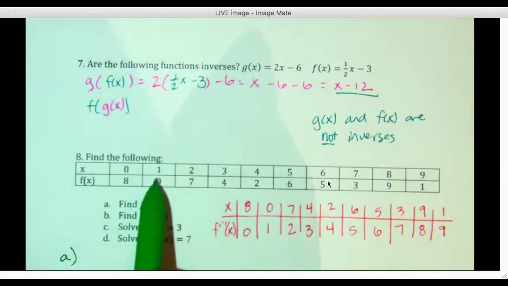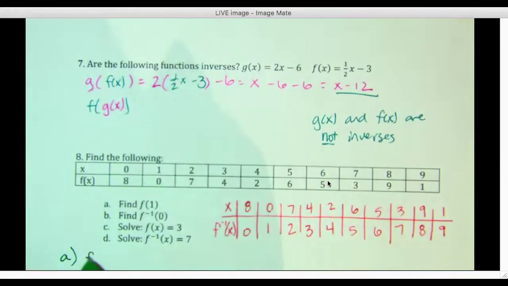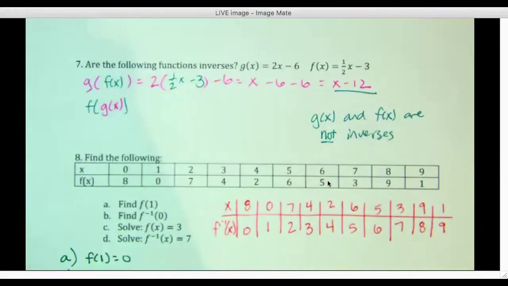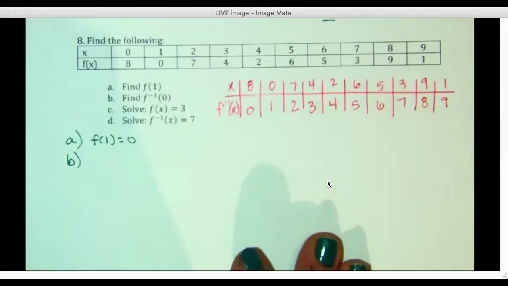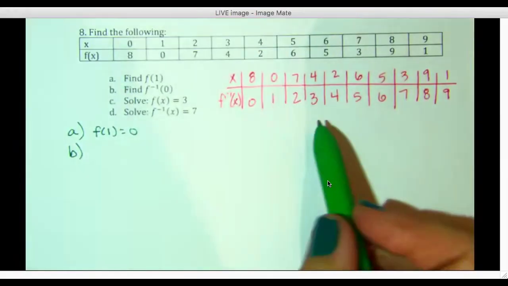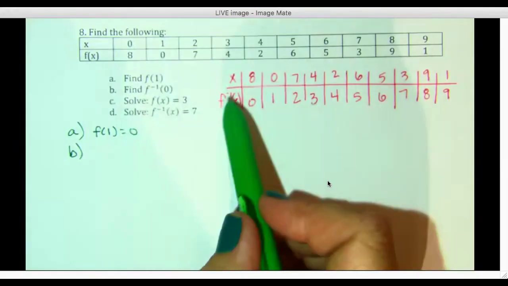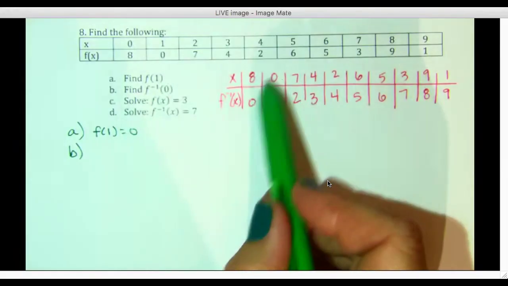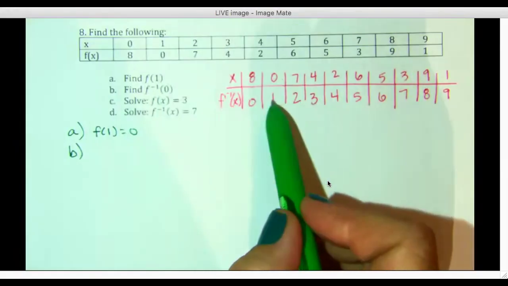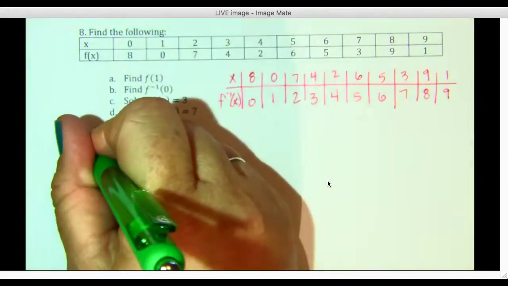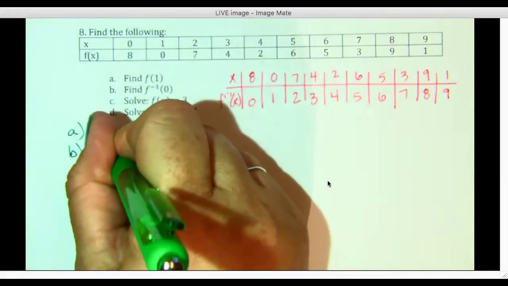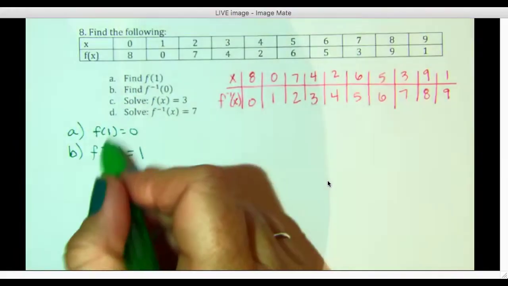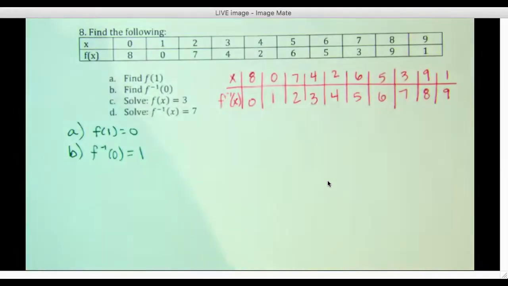My function value there is 0. So f of 1 is equal to 0. Inverse f of 0, now I can go here, and they're telling me my function value is 0. What is the inverse function at 0? It's 1. Okay, and we can see they're using the same point there and they've switched them.